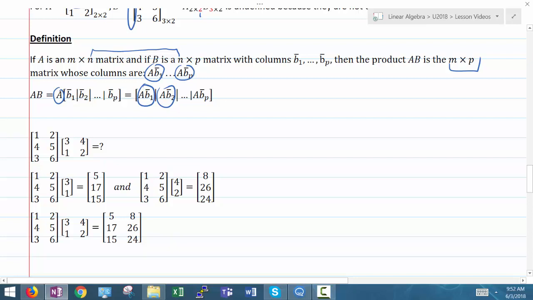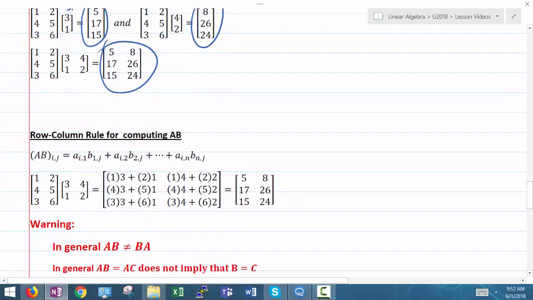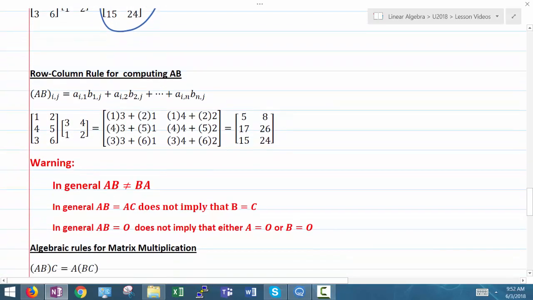Notice the number of columns in A is equal to the number of rows in B. Then this is AB1, and this is AB2, and I take those two columns and make a matrix, and that's the product. Okay, that's a little tedious for computation, so there is really an easier way to do this.